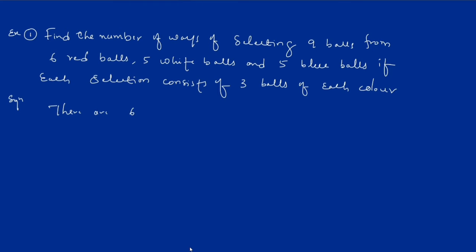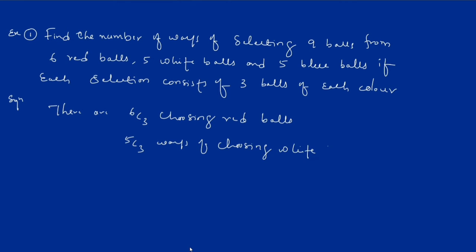There are 6C3 ways of choosing red balls, and 5C3 ways of choosing white balls, and 5C3, that is 5 combination 3, ways for choosing blue balls, right?